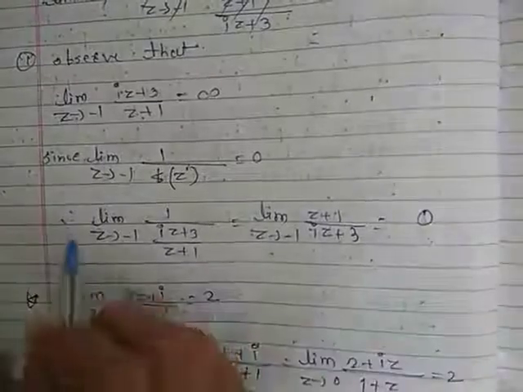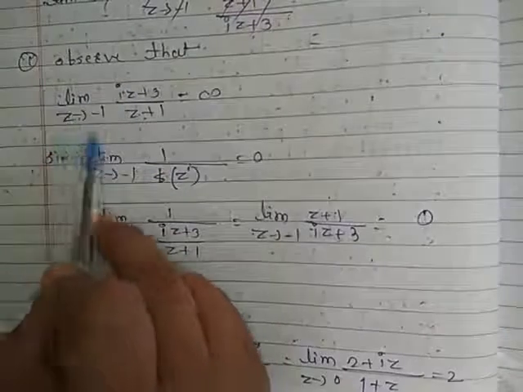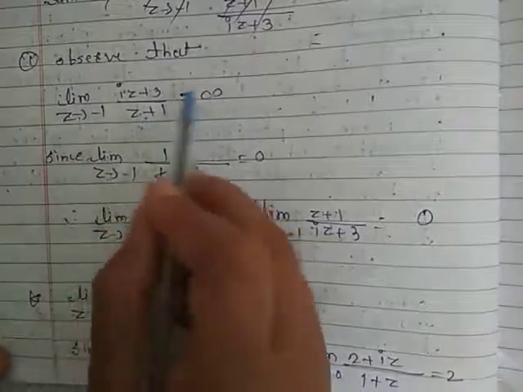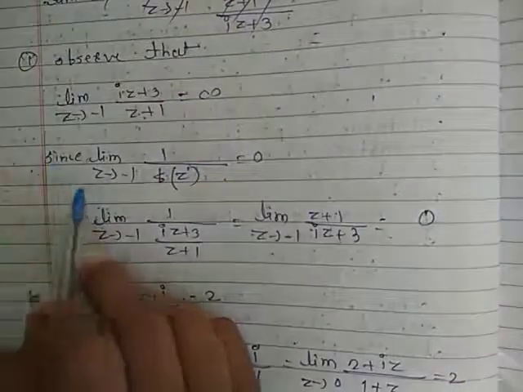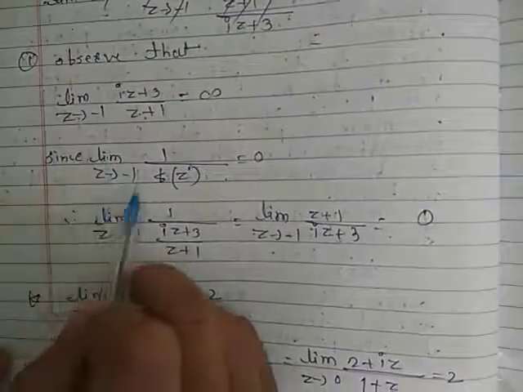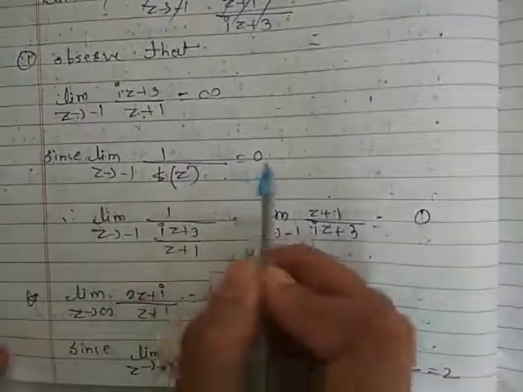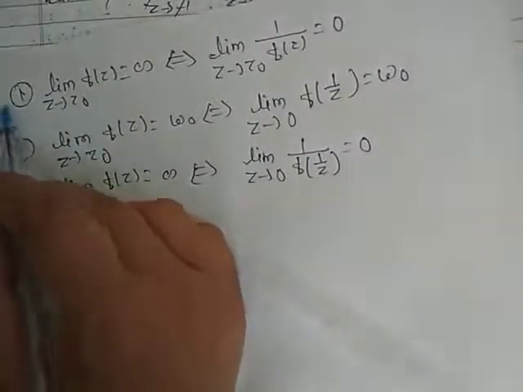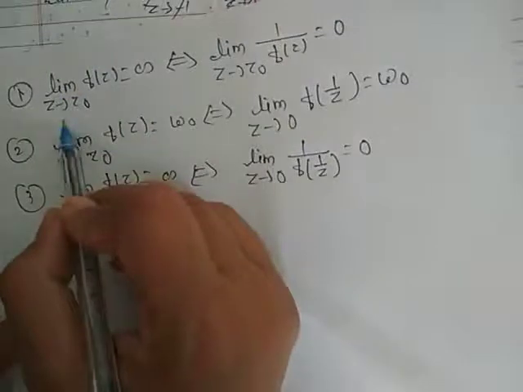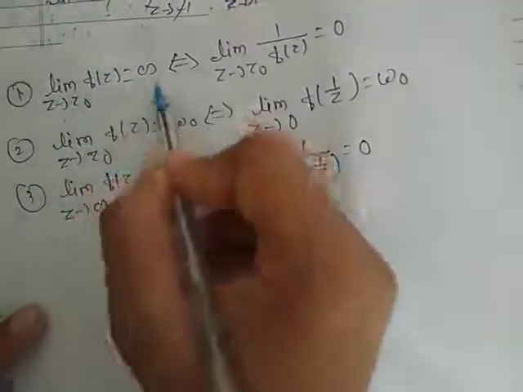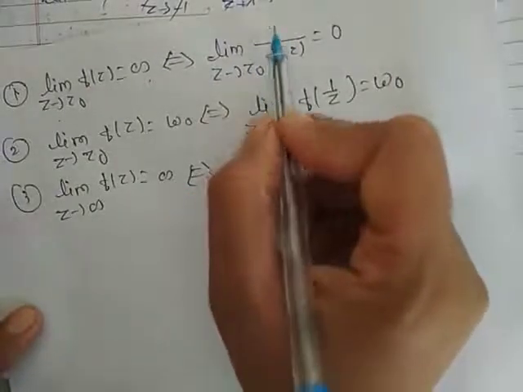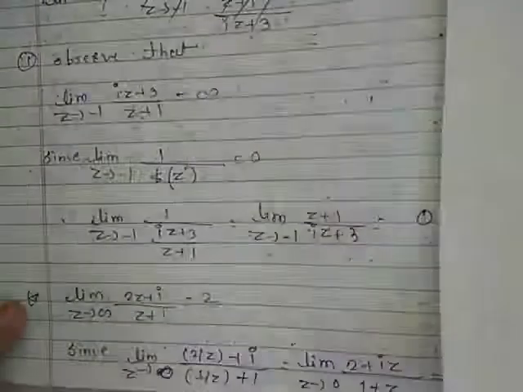Students, see here examples. Observe that limit z tends to -1 of (iz plus 3) upon (z plus 1) is equal to infinity. How is this? Limit z tends to -1 of 1 upon f(z) is equal to 0. This is by the property, means in theorem part 1 we have seen limit z tends to z0 of f(z) is equal to infinity if and only if limit of 1 upon f(z) is equal to 0.